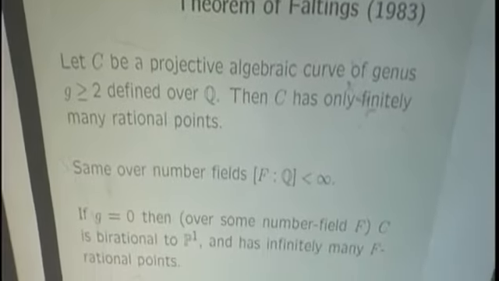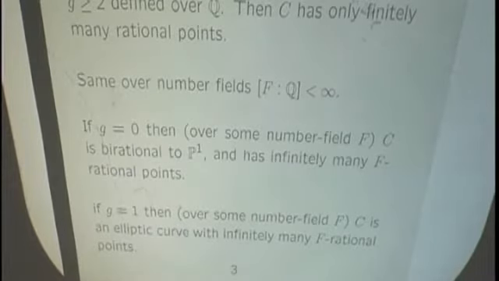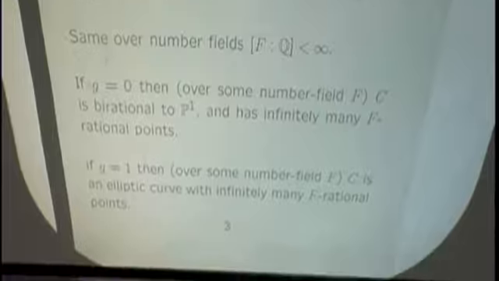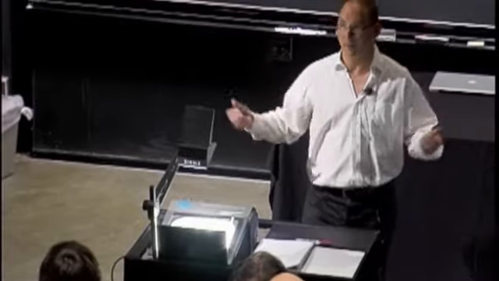If g is 0, then perhaps over some extension field, this curve is P1 and has lots of rational points. And if its genus is 1, then perhaps again over an extension field, it's an elliptic curve, which will, over a suitable field, have infinitely many rational points. And so apart from those geometrical reasons, the number of points is just finite.